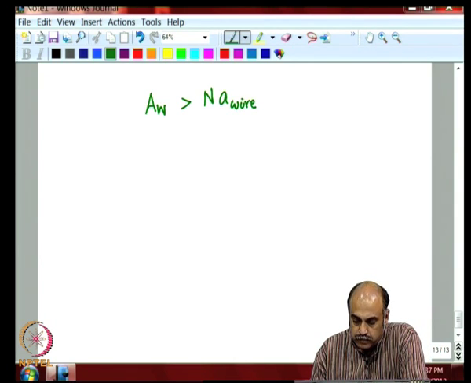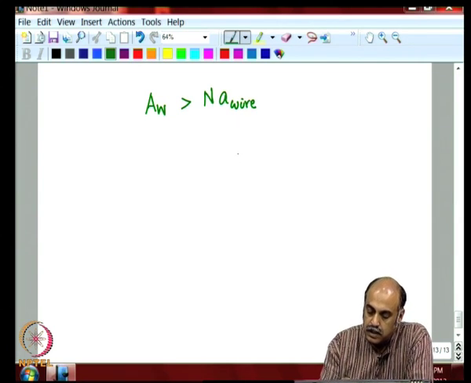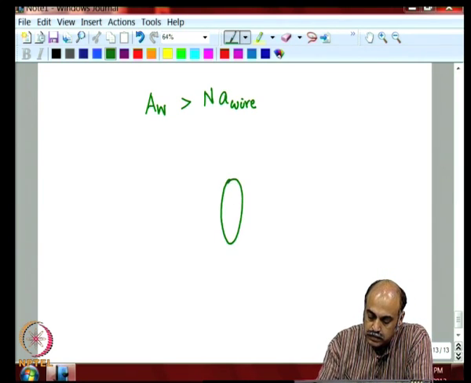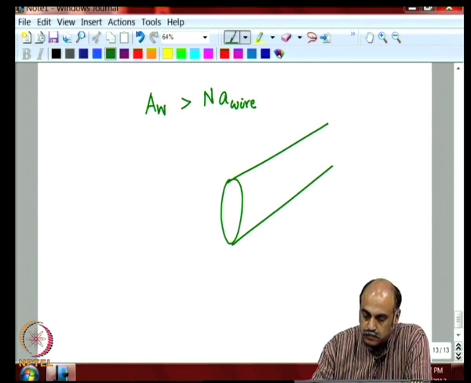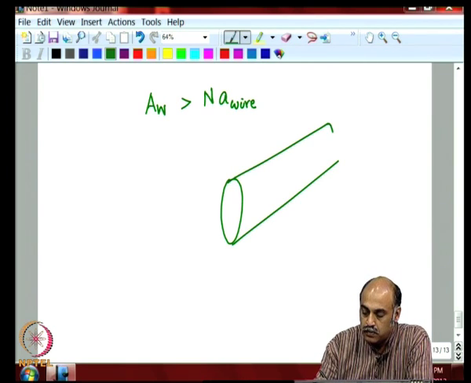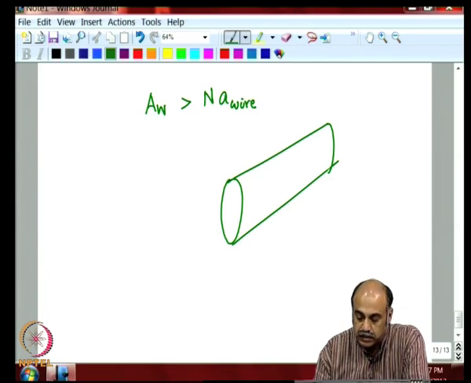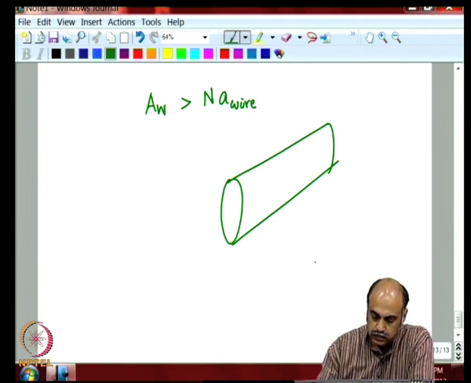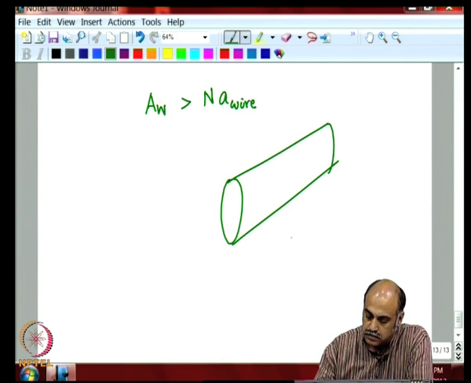Normally, the amount of current that is passed through the copper conductor is based on experience. So, let us say these are all current lines through.